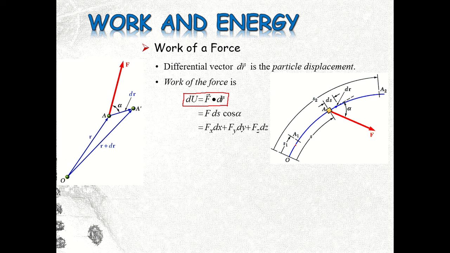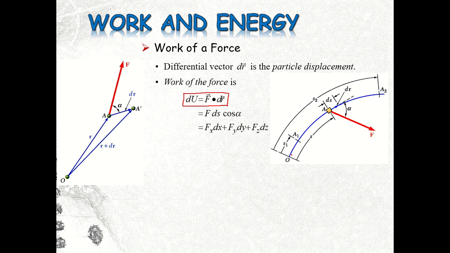Again, assuming that the particle is at this position initially, and it moves to position A1, covering a distance of S1. From this point, it moves further to position A, with the displacement S, and with the force applied, it moves farther to this new position A2.